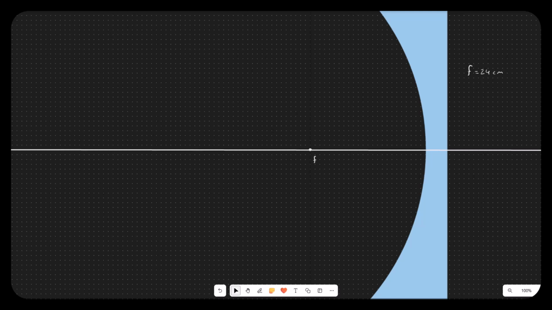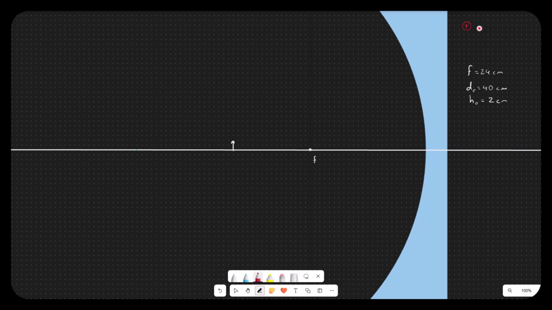I would like to have an object distance. I'm going to keep my object small, but I'm going to put my object right here, at this location. So my D object is 40 centimeters. My H object is 2 centimeters. And let's see what I can do with these rays.